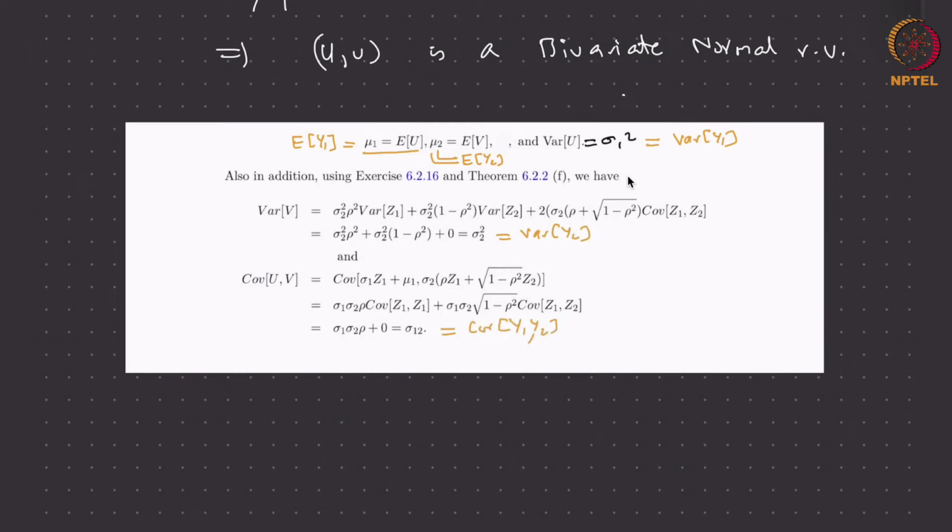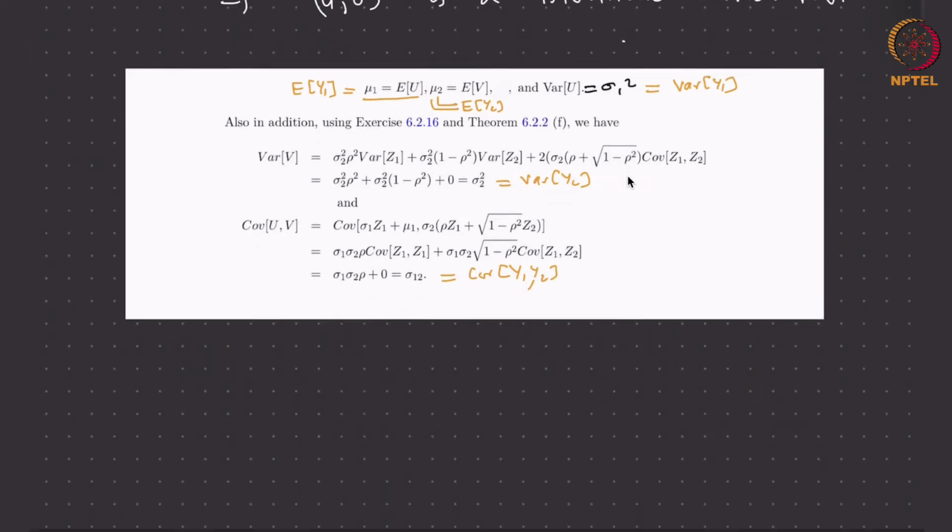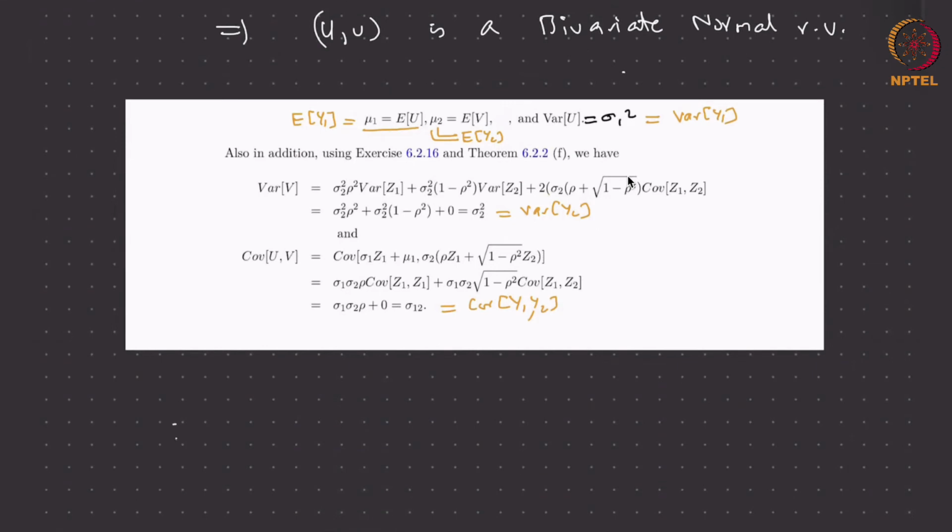You already saw before, if the means, the covariance and the variances match, then the distributions are the same for the two bivariate normals. So therefore, from that theorem, we know that y1 and y2 have the same distribution as u and v, because their means and covariance match. This we did last time in the previous week: if you have two bivariate normals with the same means, the same variances, and the same covariance, then they have the same distribution.